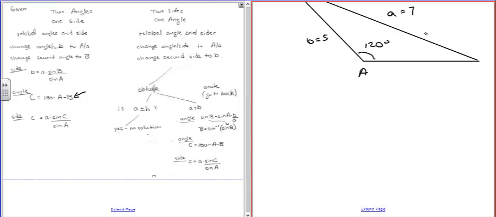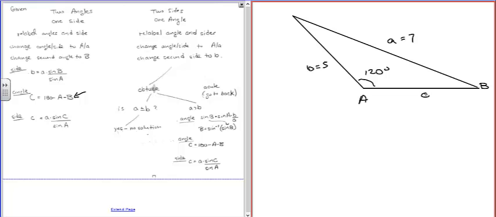So let's do the calculations now. The first thing it says is, unlike the first problem, we can't calculate angle C because we only know one of the angles at this point. So we need to calculate one of the angles, and we calculate the angle associated with this side, which would be angle B over here.